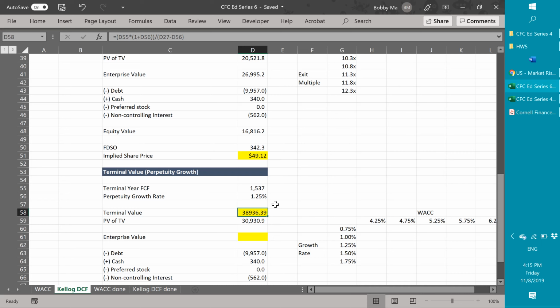How come mine naturally wasn't in that format? Why is mine naturally not in that format? Why was mine naturally a percentage? I don't know. Okay.